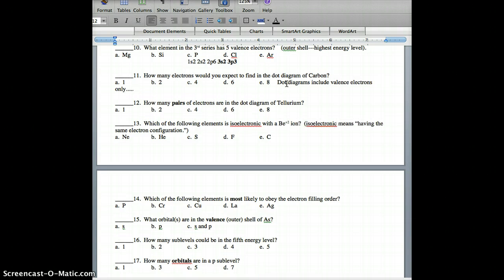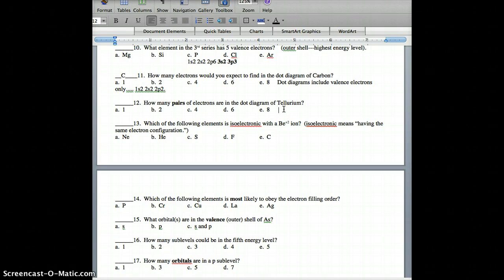So if you look at the configuration of carbon, it'd be 1s2, 2s2, 2p2. Valence is the highest energy level, which are the 2's here, the second energy level. So the number of electrons in the second energy level is 4. So we would expect to find 4 electrons in the valence configuration.